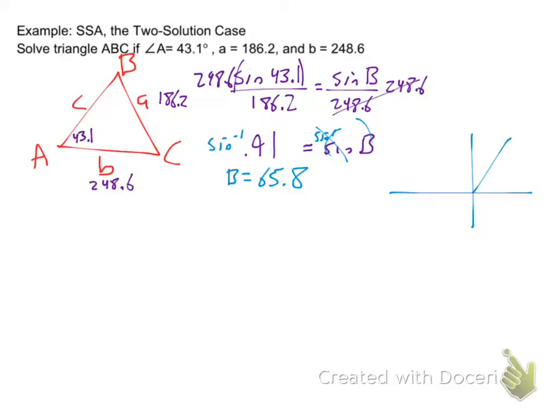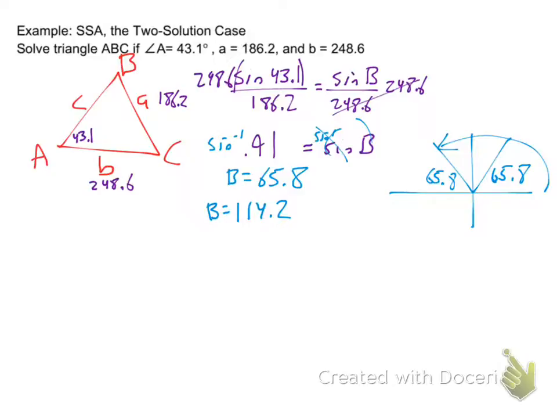That's 65.8. That means there's an angle in the second quadrant that has a reference angle of 65.8. And that one is this angle here. What is that other angle? 114.2.